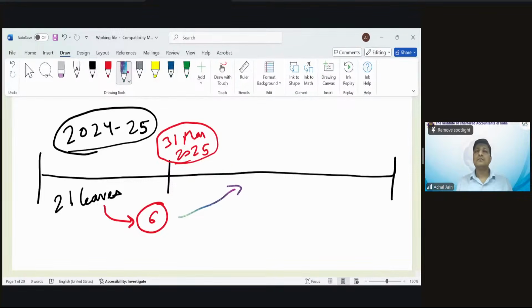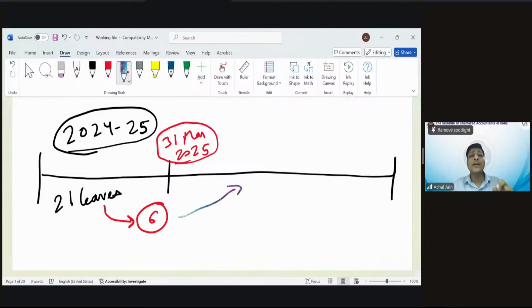Now in this case, these 6 leaves can be availed by the employee in the next financial year. Correct? So in the next financial year, when the employee will avail the leave, you will also be getting the salary for this. Correct?